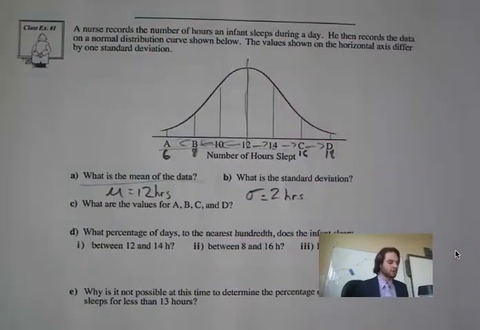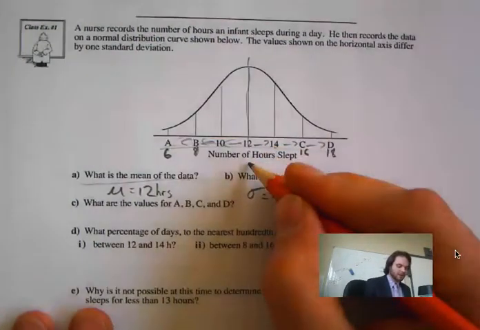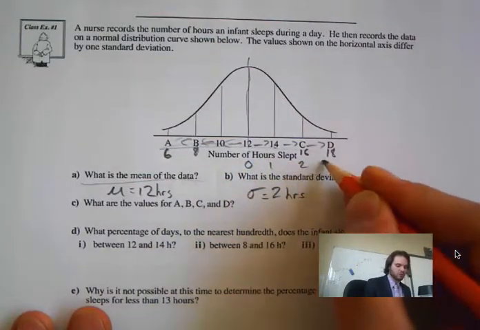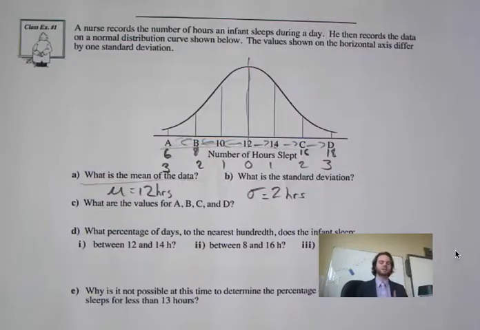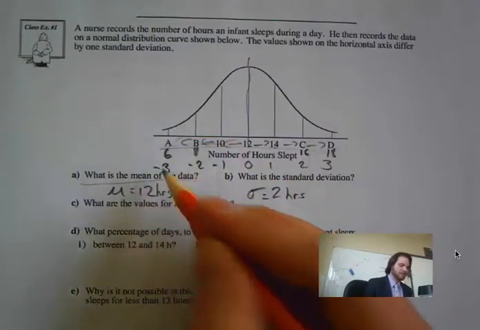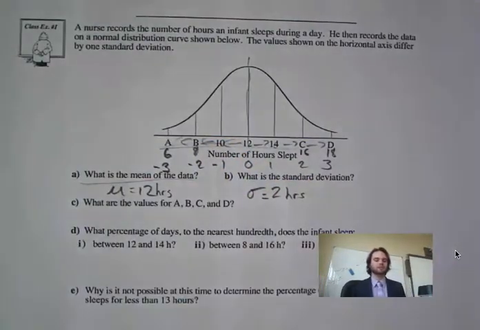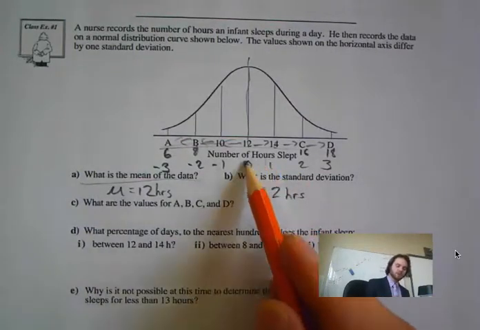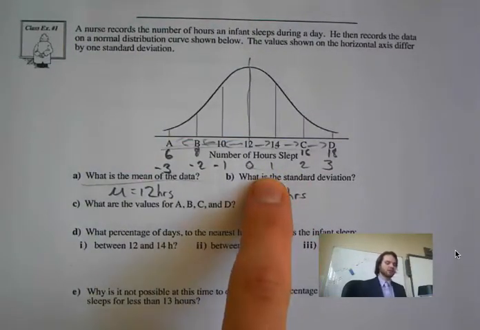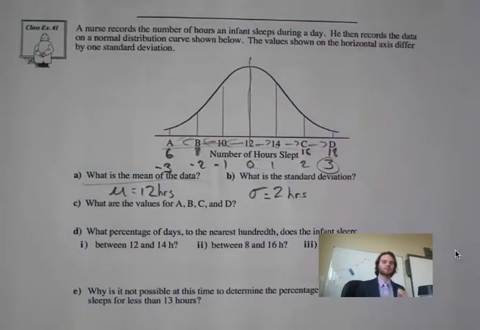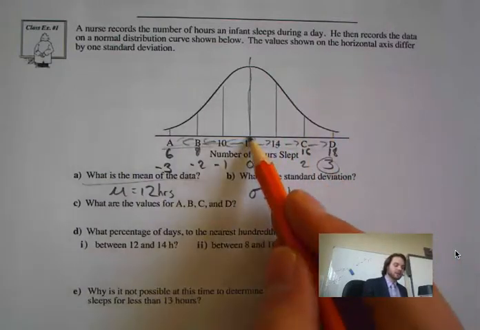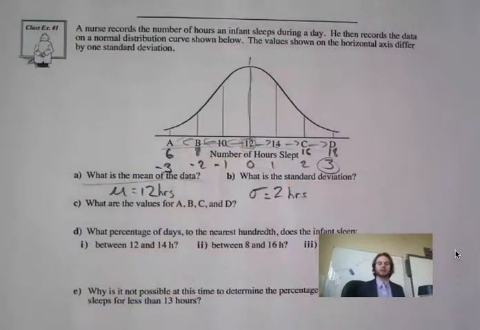Another way of doing this would be, well, look at the standard deviations. This is 0, 1, 2, 3. 1, 2, 3. And I know each, oh, these are negative. And each standard deviation is 2 away. So 3 times 2 is 6. So we're 6 above the mean, so that's plus 6.